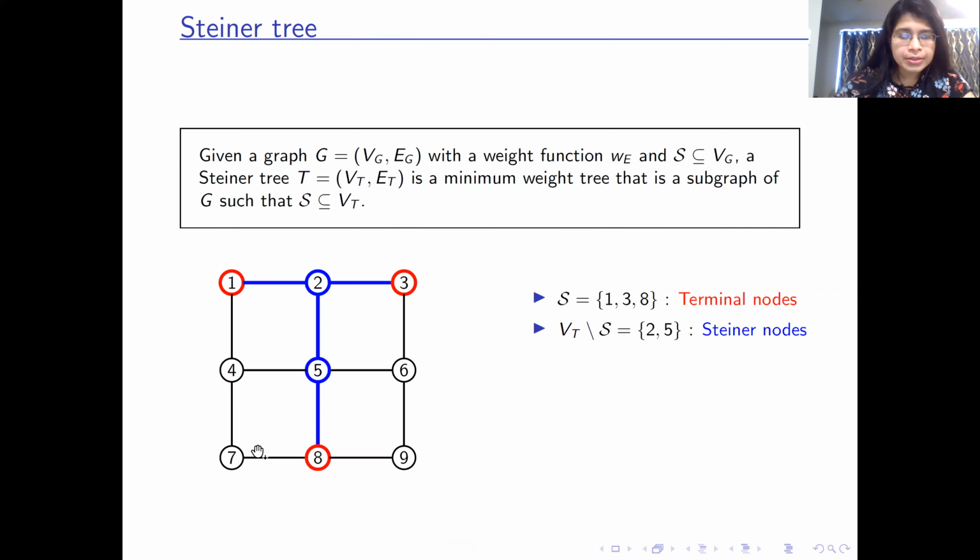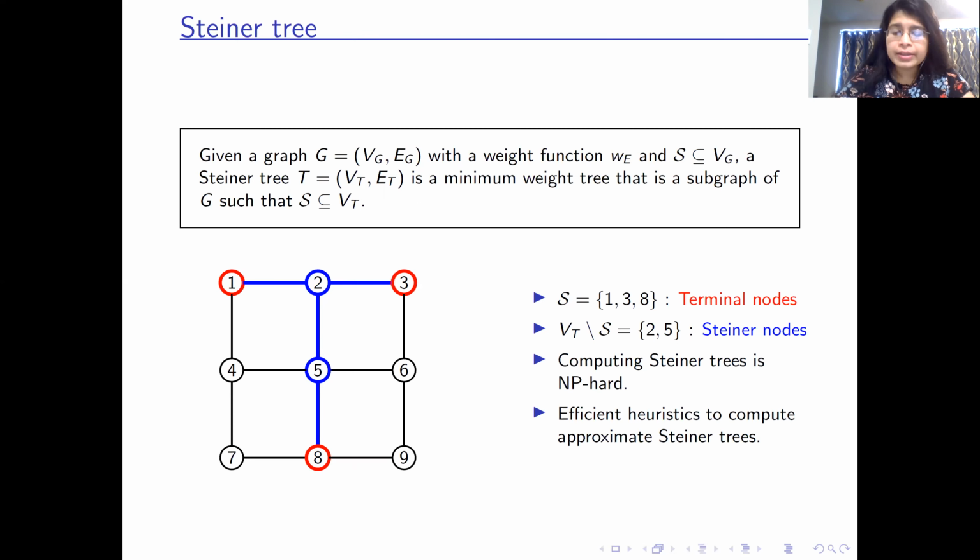This is the Steiner tree. All those nodes which are not terminal nodes but belong to the Steiner tree are called Steiner nodes. Computing Steiner trees is NP hard, but there exist efficient heuristics which compute approximate Steiner trees. We have used such efficient heuristic algorithms.